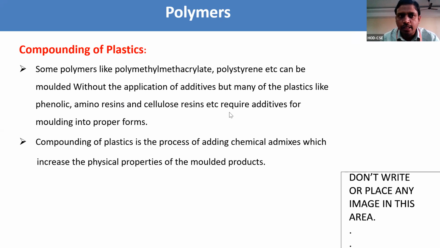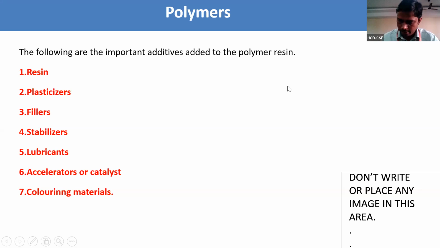For compounding of plastics, these are the following additives we need to discuss. The following are the important additives added to the polymer resin.